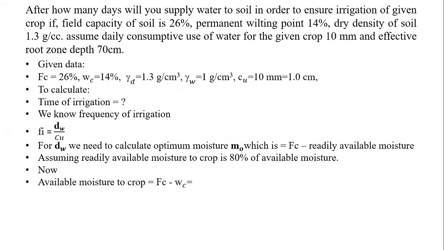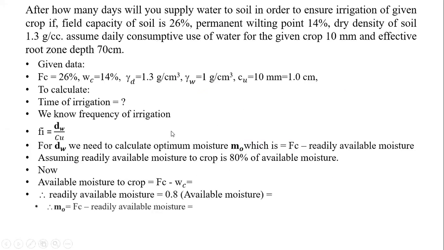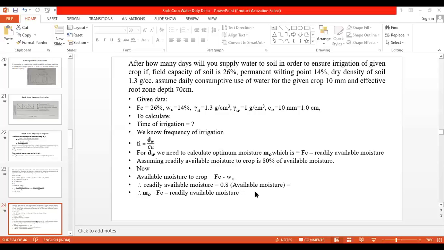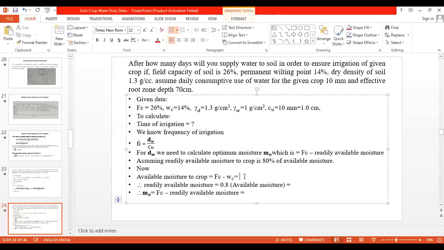Just to put in the values, field capacity is 0.26 minus wilting coefficient of 14%, that is 0.14, in magnitudes, and it is equal to 0.12, isn't it?